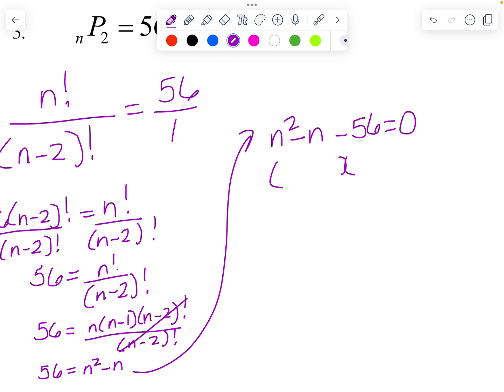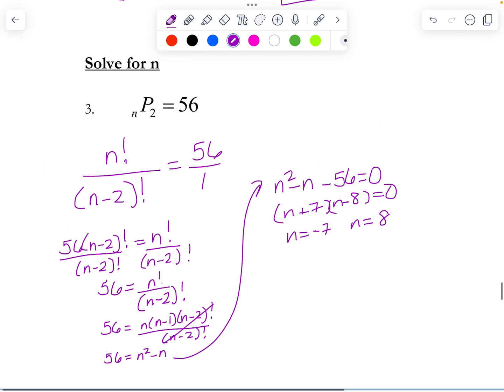I'm going to go ahead and factor: n and n, 7 and 8. 8 is going to be negative. So n would be negative 7, n would be 8. But remember, we're trying to figure out what n is going to be. Well, n is not going to be a negative number. So in this case, n is going to be 8.